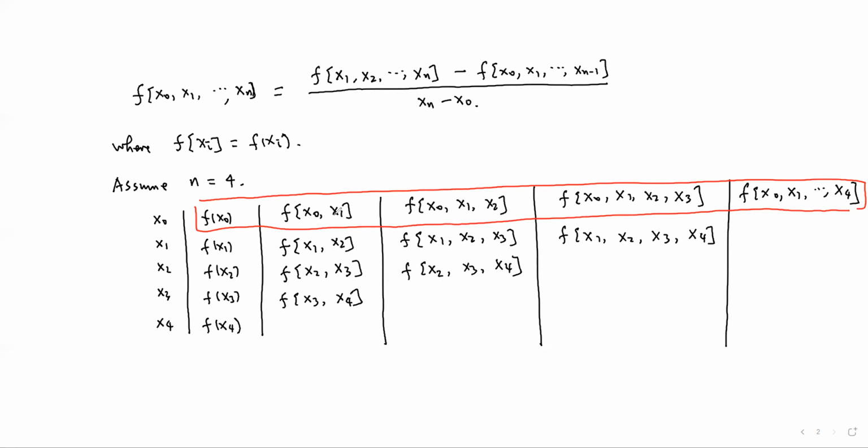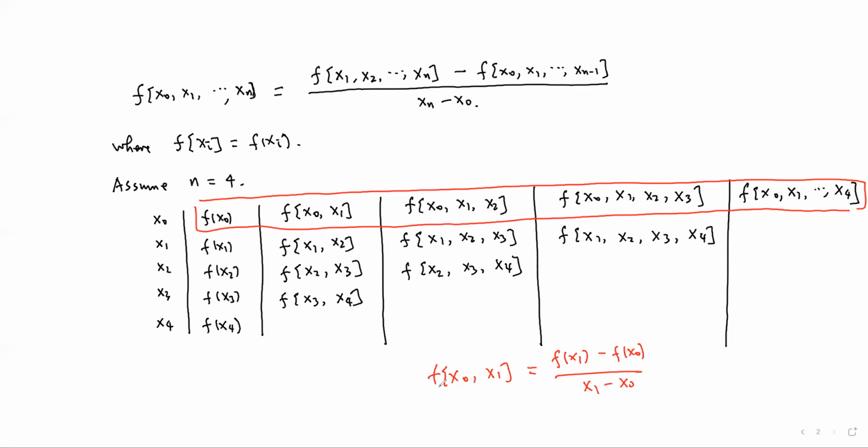This way to compute the coefficients of a Newton interpolation polynomial turns out to be very fast. How? Because take a look at this column. All the entries, if you look at their formulas, this number only depends on the function value at x1 minus the function value at x0.